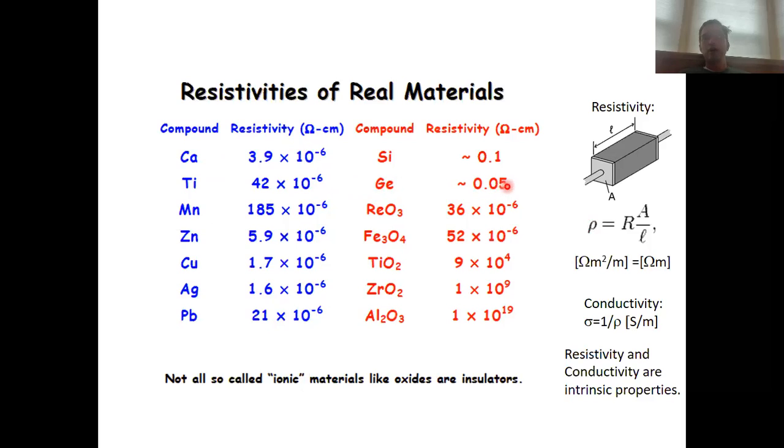It's 0.05. Now let's look at these oxides here. And you see for these two here, you get a big surprise. Rhenium trioxide has a resistivity of only 36 times 10 to the minus 6 ohms times centimeters. You see that this is actually lower than, for instance, the resistivity of titanium metal.